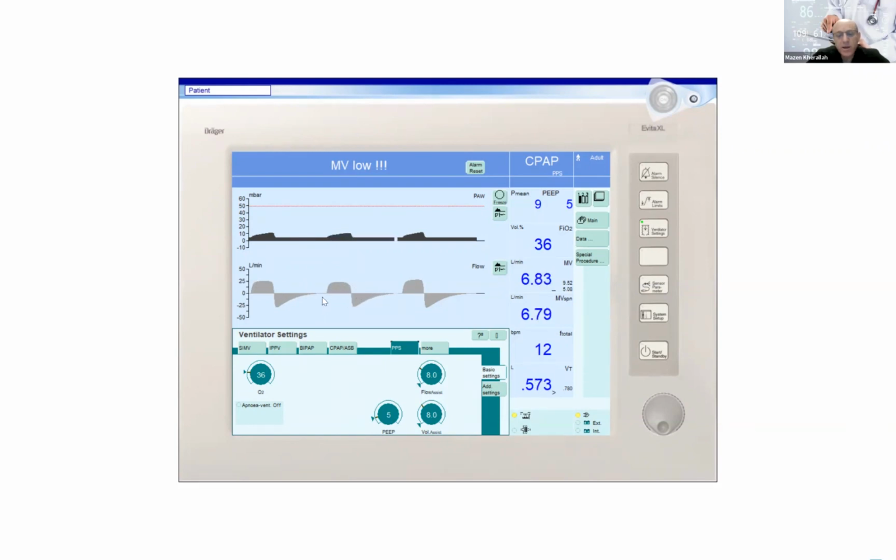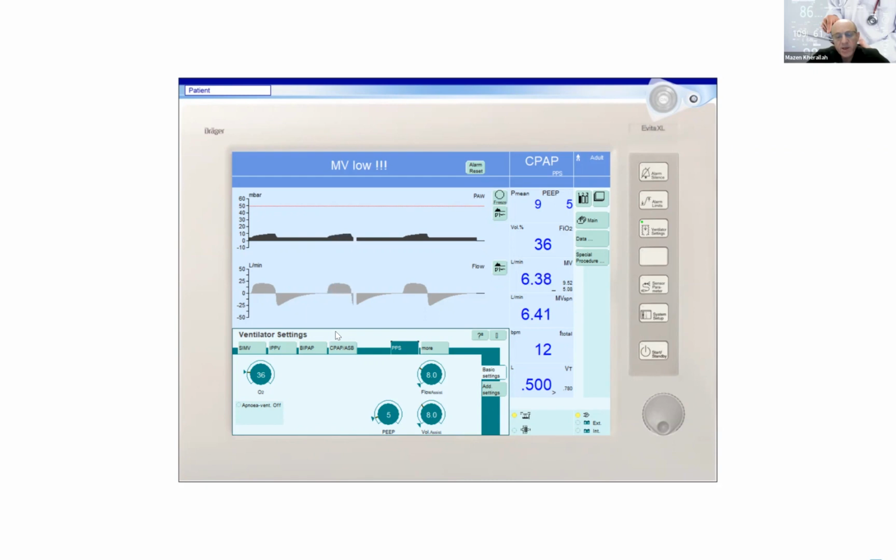Look at how nicely the flow goes up and then gradually goes down. This is achieved by balancing the flow assist, which is the initial rise in the pressure to overcome the airway resistance, and the volume assist that will determine the continued rise in the pressure to overcome the lung elastance.